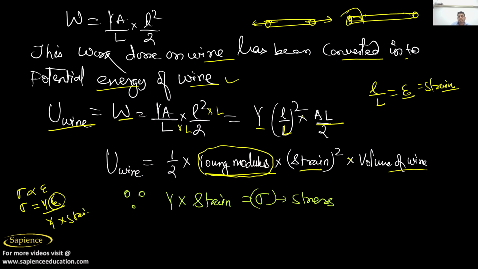So can we write here Y into strain is equal to stress? This is your Y, this is your strain. So can we write in place of Y into one strain, since here it is a square term? So one strain you will take, then you will get stress.